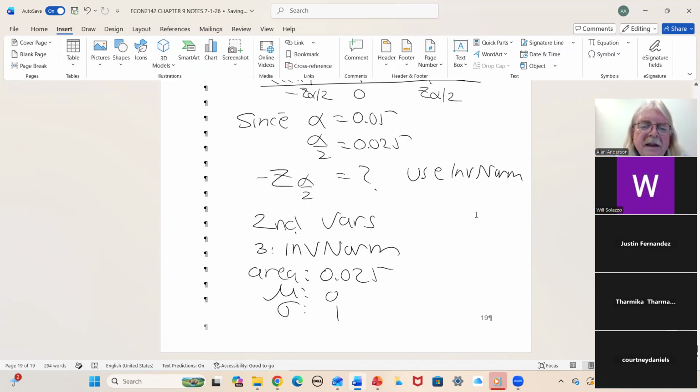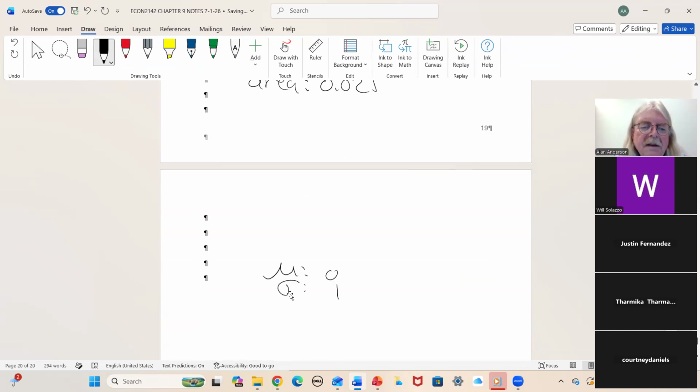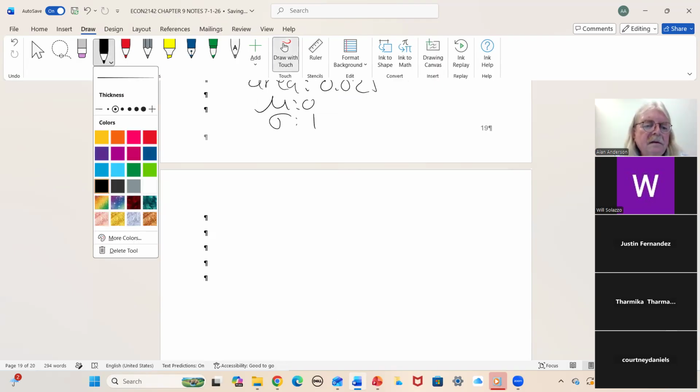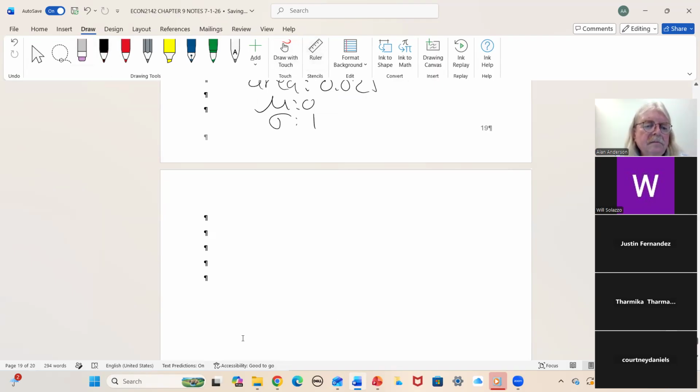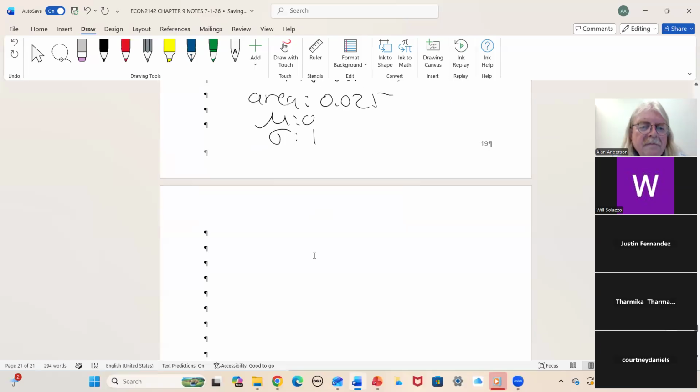And if you pop that in, you'll see that it is, in fact, negative 1.96. And that means the other one is positive 1.96. All right, let me sketch out the diagram.